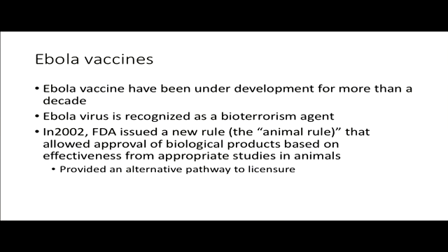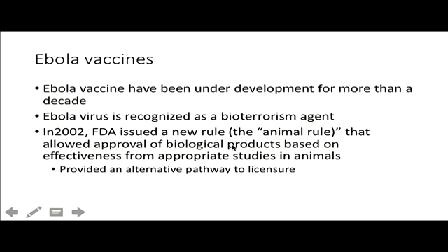Just to flick back to Ebola and how Ebola has sort of changed the thinking. So I've already told you that candidate Ebola vaccines had already been trialled in animal studies. And part of this was driven because Ebola's on the US bioterrorism list as pathogens of interest. So again, self-interest here.